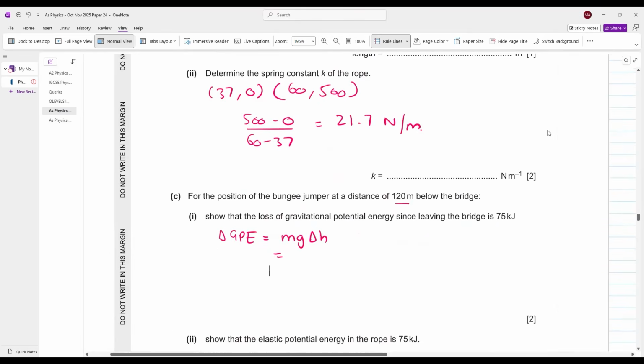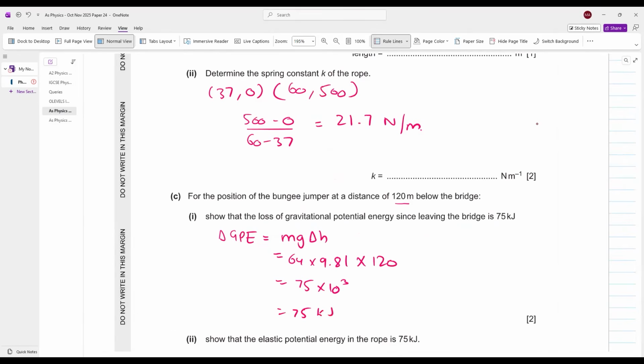Yes, 64 kg. 64 into 9.81 into 120. What does the answer come out to be? Answer comes out to be 75 into 10 to the power 3. That comes out to be 75 kilojoules. Perfect.